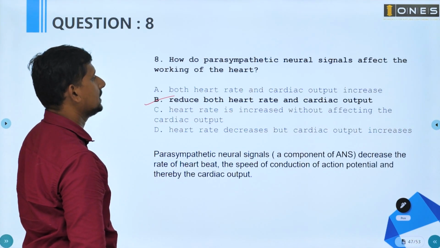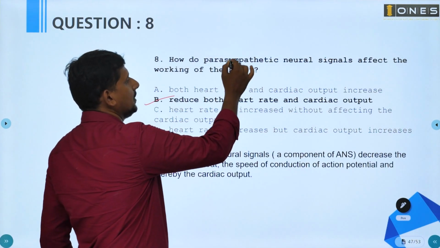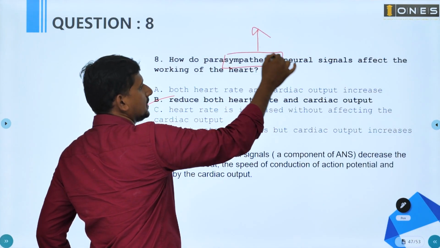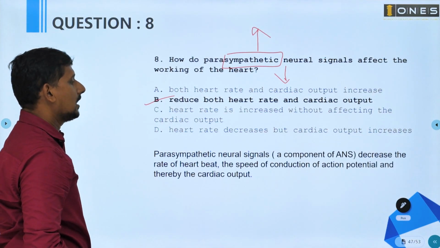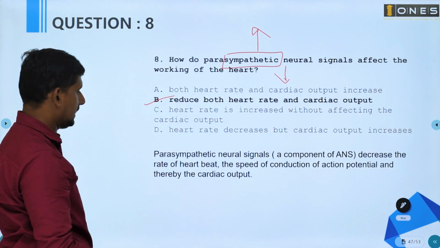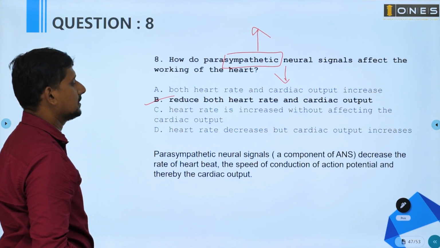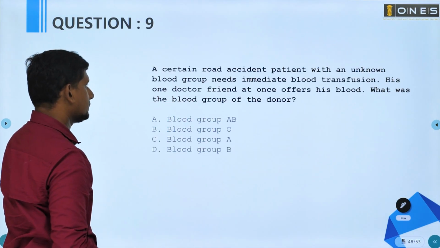Sympathetic increases heart rate, while parasympathetic causes reduction. Parasympathetic neural signals, a component of the autonomic nervous system, decrease the rate of heartbeat, the speed of conduction of action potential, and thereby the cardiac output.